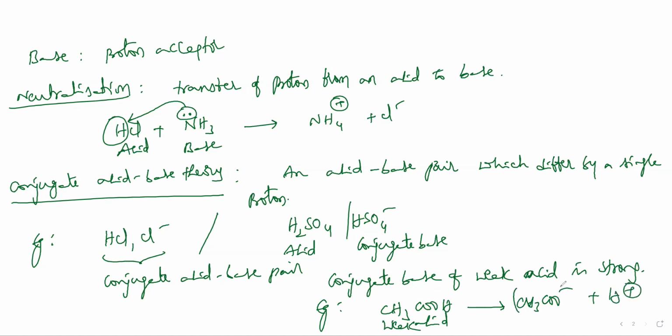Now the formed base is strong. So this is strong conjugate base. So CH3COOH is weak acid, but CH3COO minus is a strong conjugate base. Next.